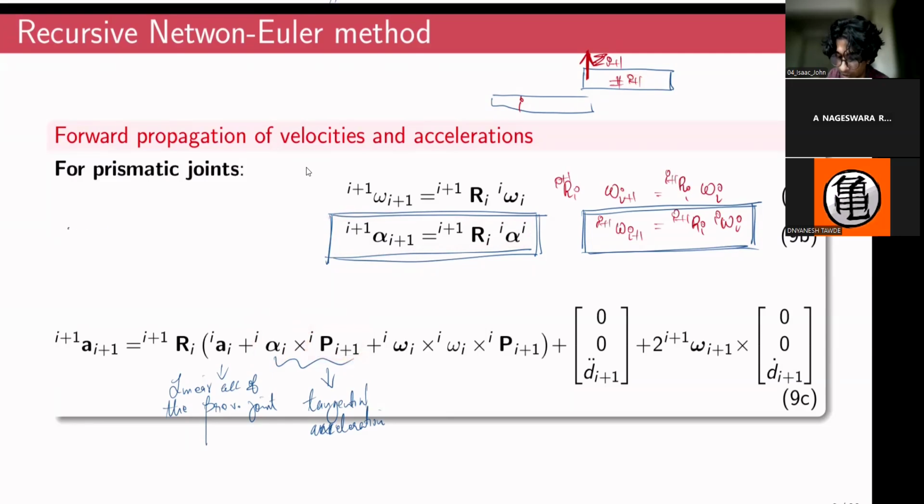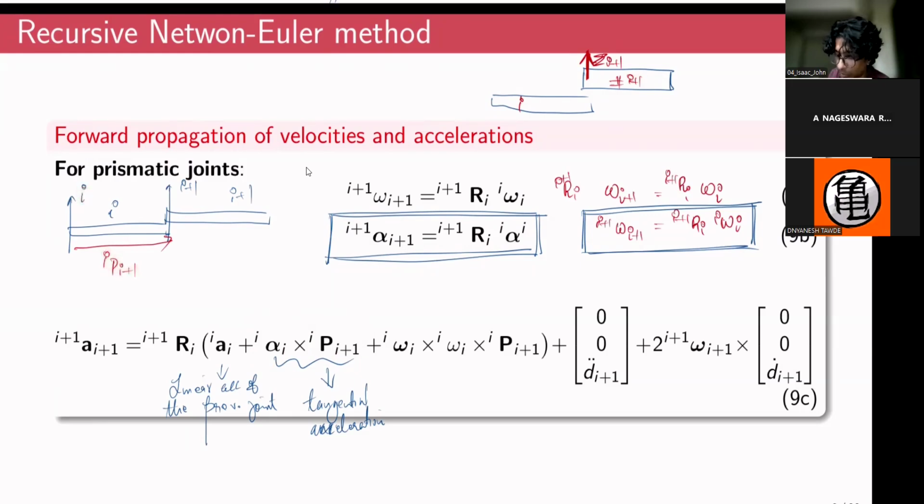If you have two joints, something like this, if this is joint I, and this is joint I+1, and if this is link I, and this is link I+1, the link length, the distance between frame I and I+1, can be expressed by a vector: the position vector of I+1 with respect to I, expressed in the ith frame.